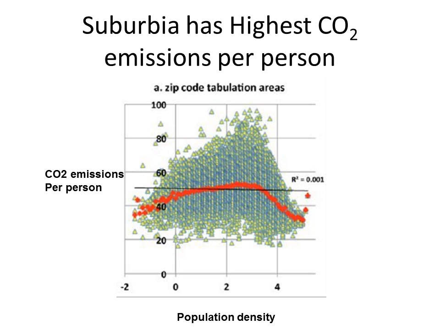Cities tend to have a higher population density, so they would be on the right-hand side of this diagram. Rural areas tend to have less population density, they would be on the left. But the red line shows the average CO2 emissions per person, and this is highest in the suburban regions where the population density is in between.